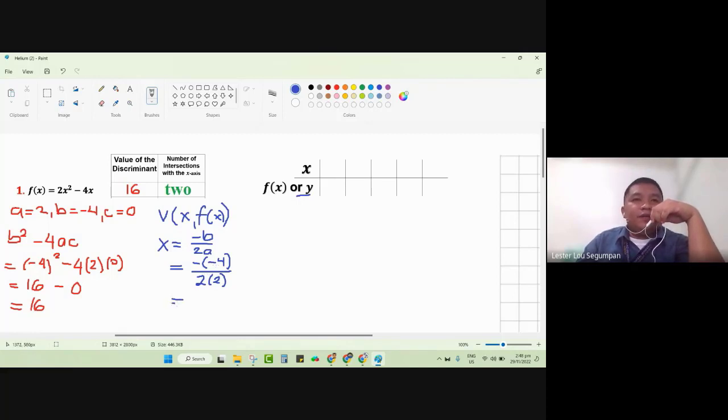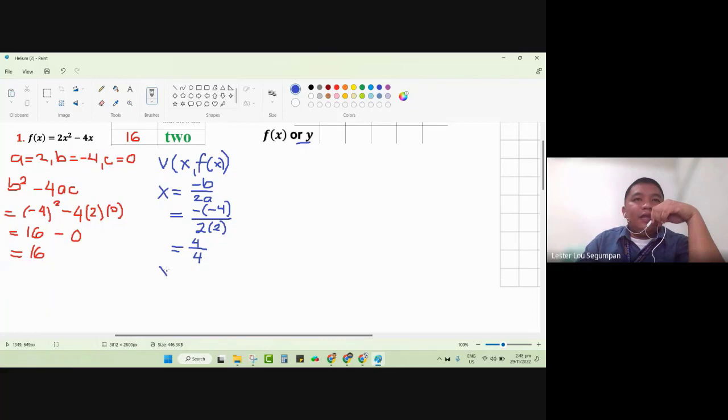If we move further using a double negative property, you will have 4 for your numerator and 4 for the denominator, which will give you a value equal to 1. This is the value of the x coordinate of your vertex.